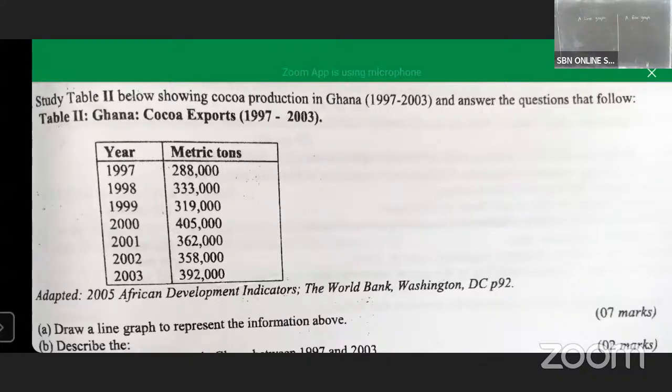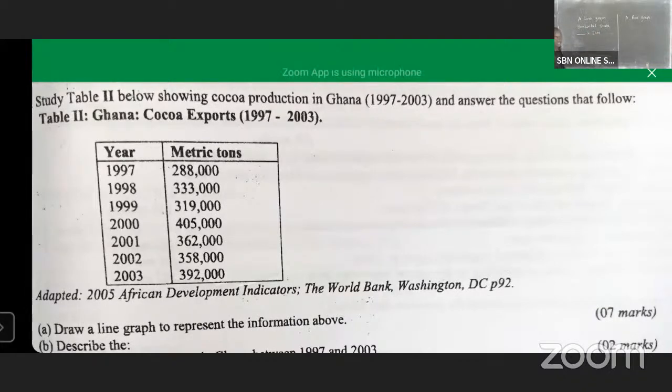Because they are 7 years, this is the formula for getting the horizontal line. We are looking at the horizontal scale. How do we get it? The formula is the number of items times 2 centimeters.